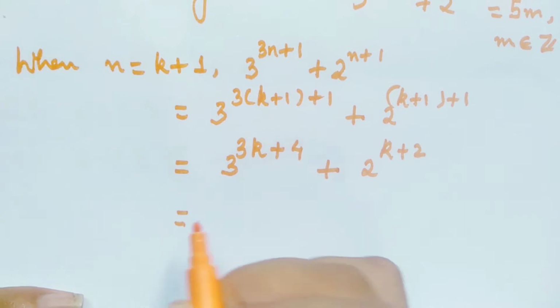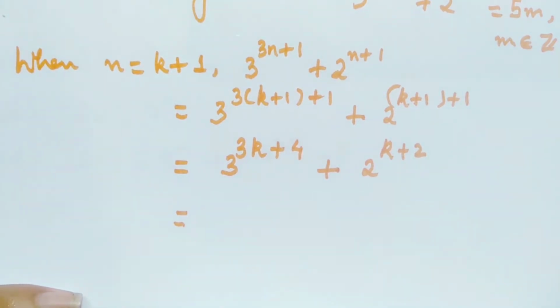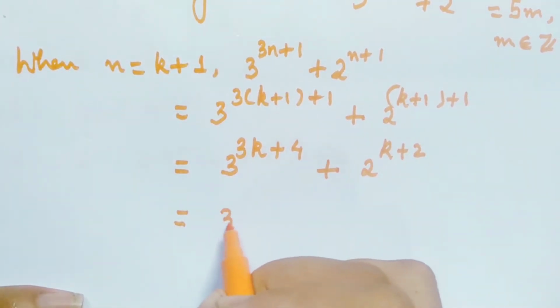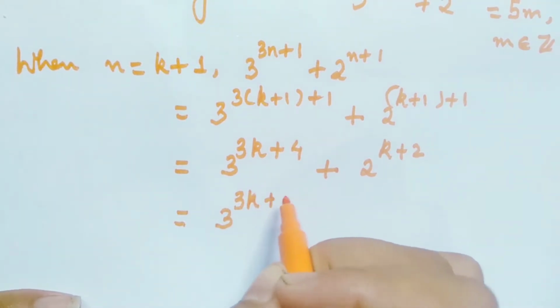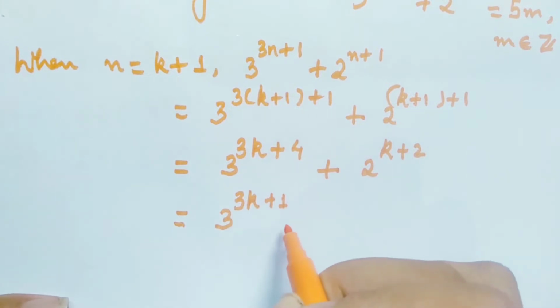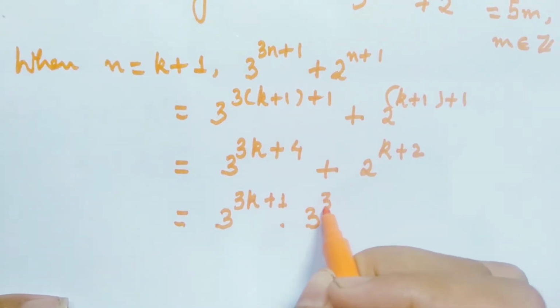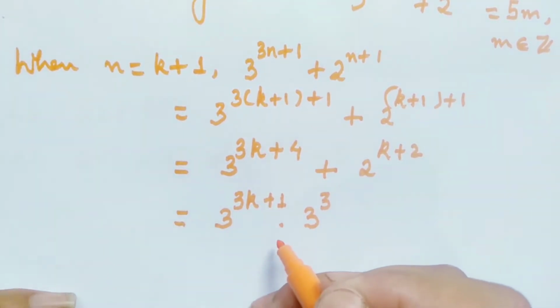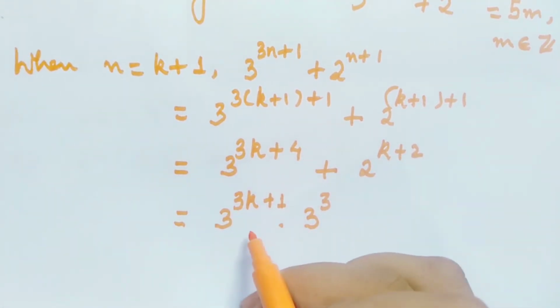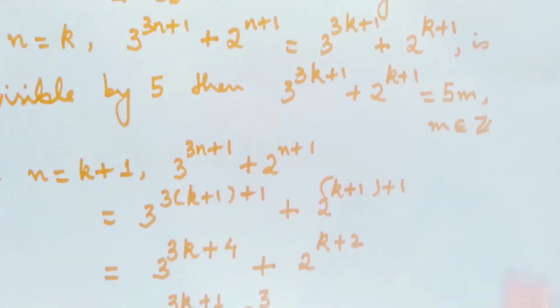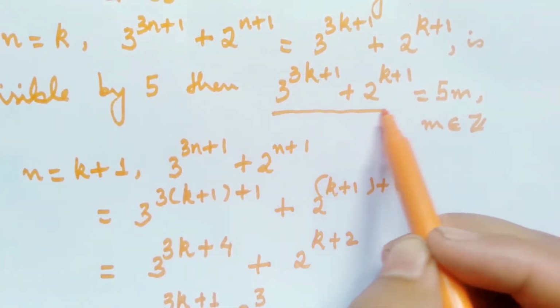Okay, now look here. Here we can write this one as 3^(3k+1) into 3^3. The reason that I split this one into these is because I want to use this one.